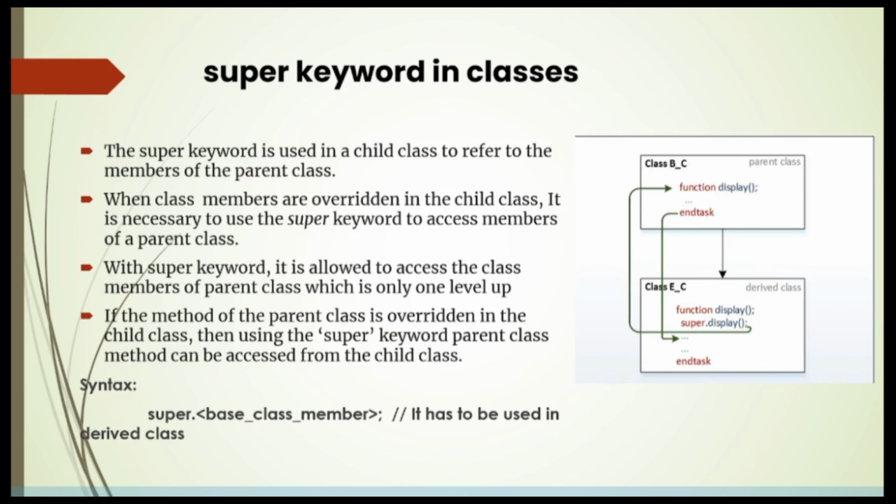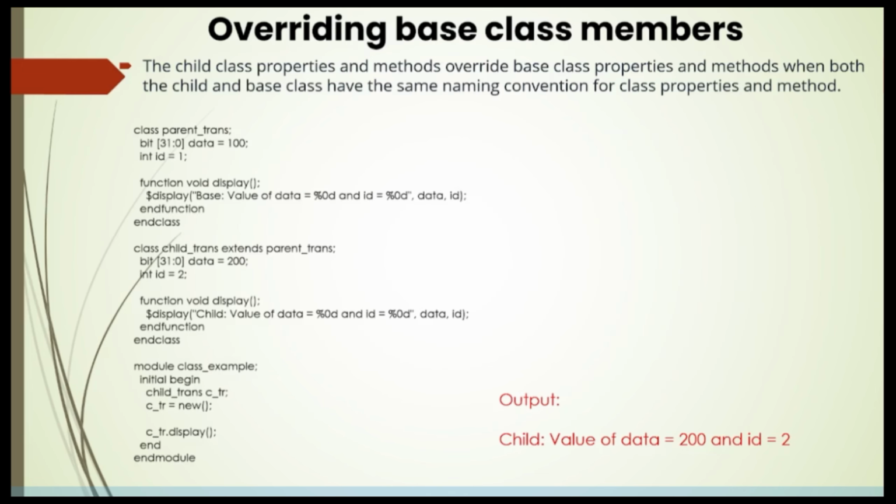Now if you see the same example here, I have overridden the data and ID values from 101 to 202 by using this overriding property. But even though I have overridden them in my child class, if I want to see the values held by the properties in my parent class, how is that possible?